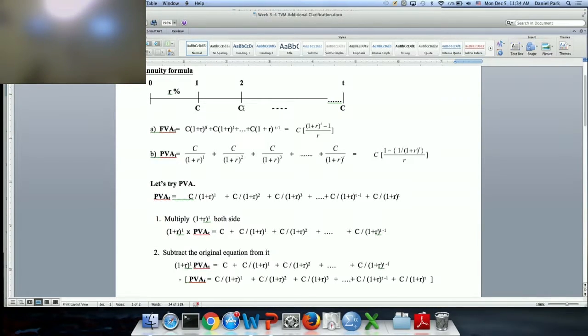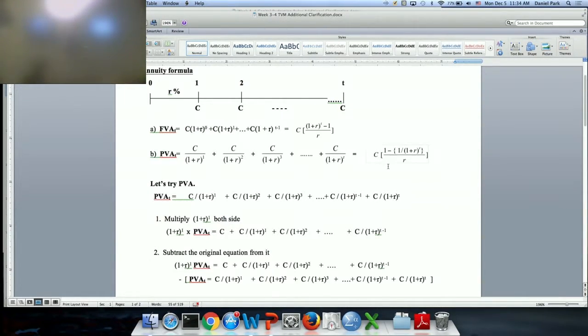And year 2's value today is C over (1 plus R) to the power of 2, on and on, up to year T, the last one here. I use the same formula. So that's the present value of an annuity, all future money valued today.